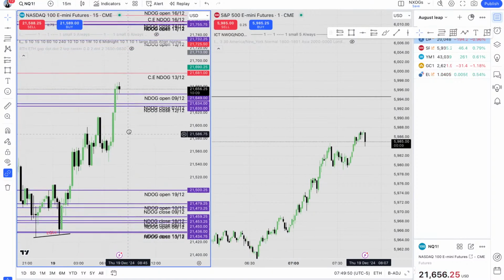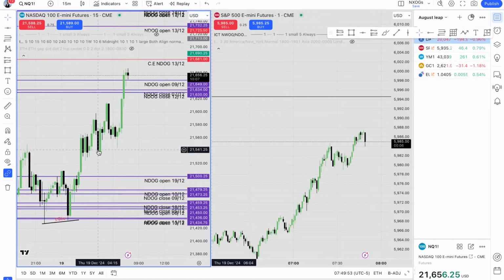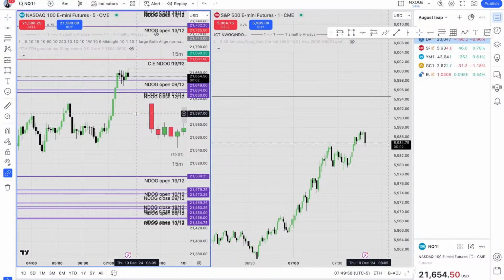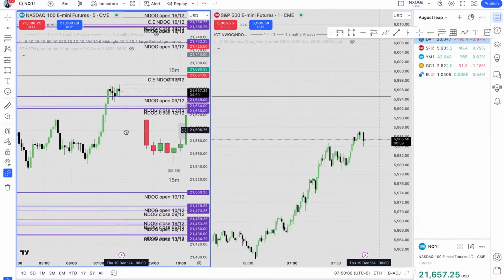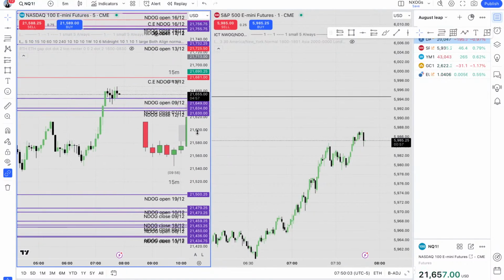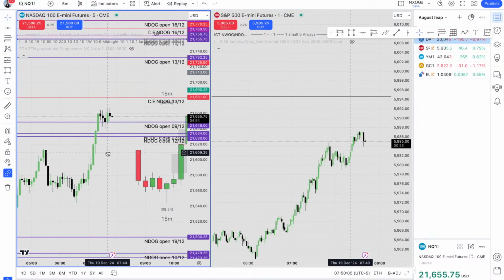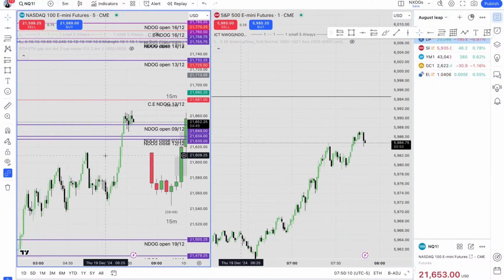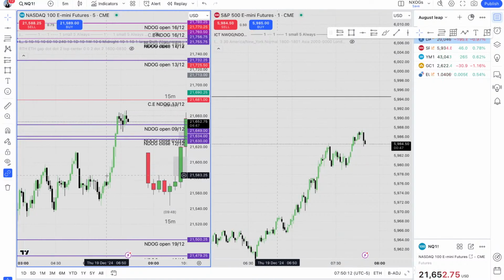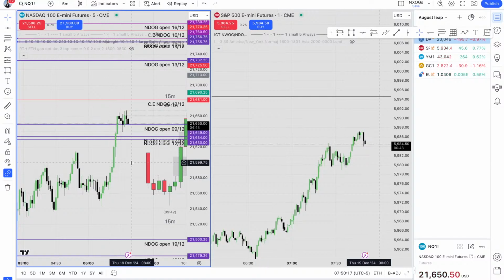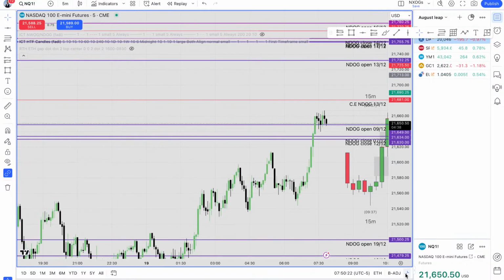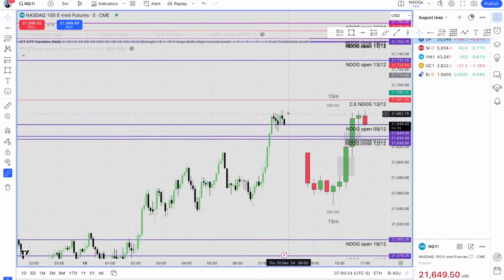So now we have basically most of London was bullish. So of course now I will prefer to go bearish with New York, but of course we're gonna scalp, so the daily bias doesn't matter as much. So for now I will be looking for, so now we have an SMT here.